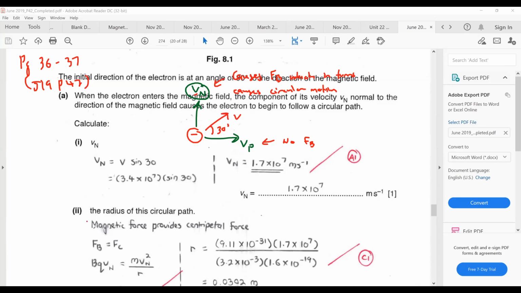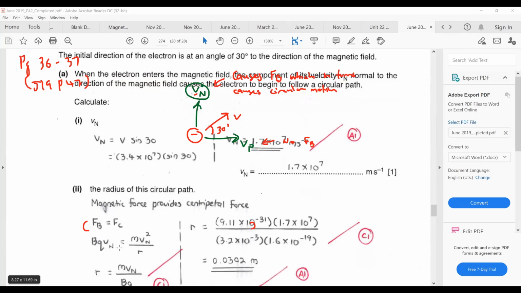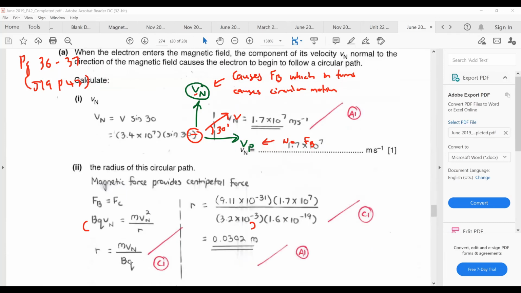Your magnetic force provides the centripetal force, Fb equals Fc. So B Q Vn equals m Vn squared over r.